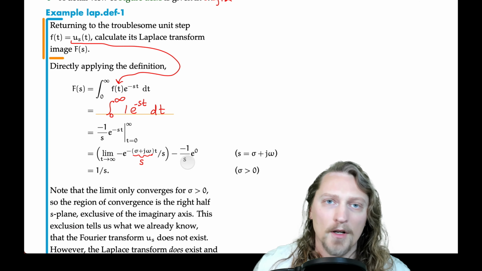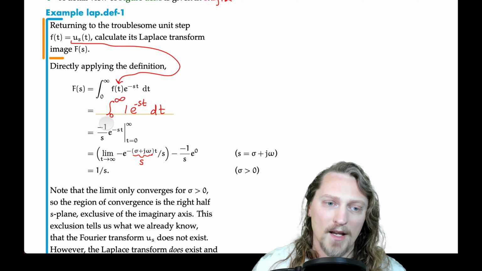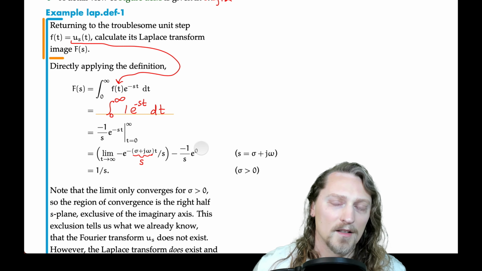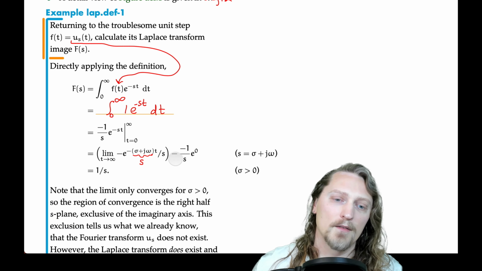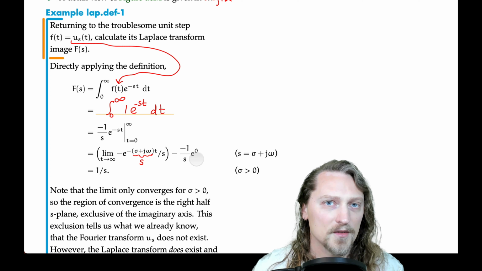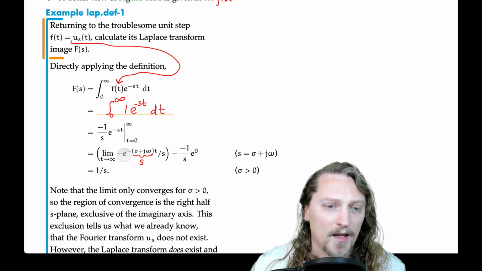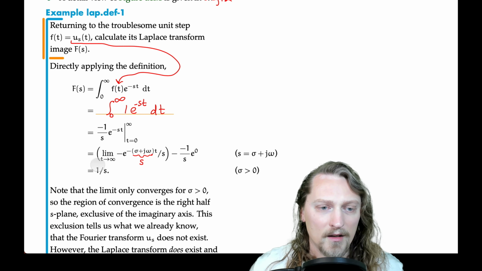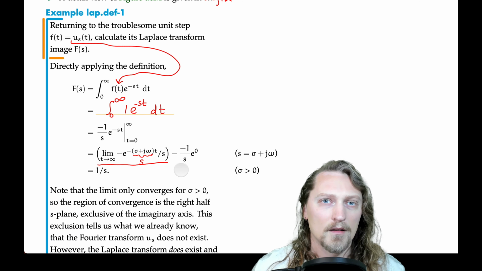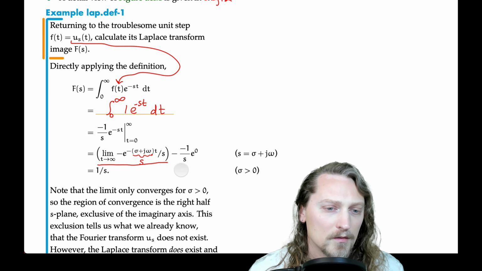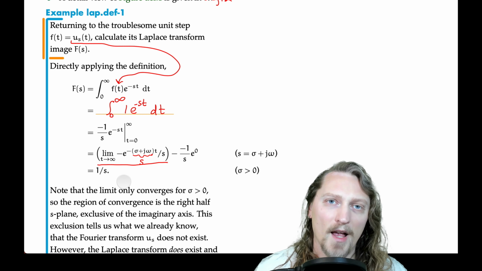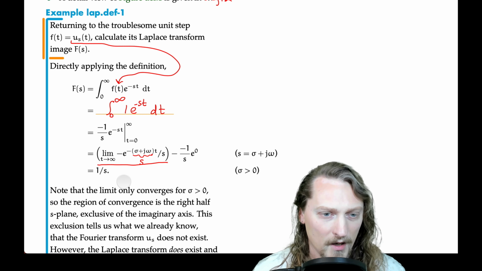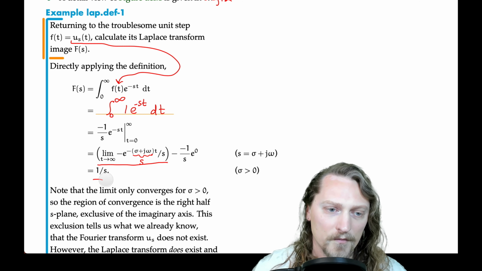We have the other term that comes from evaluating this antiderivative at time equals 0, which is nice and easy. E to the 0 is 1, so we have a negative 1 over s, and a negative here, so this is going to produce a 1 over s. So if this term with the limit goes to 0, then this emerges as the Laplace transform, 1 over s.